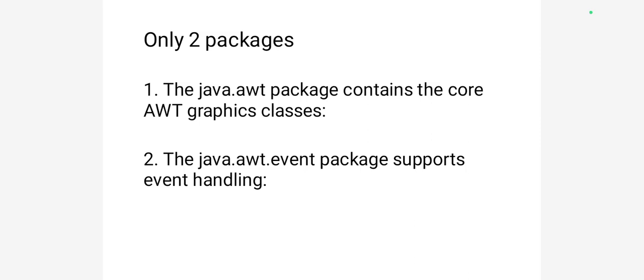Whenever we click the mouse button and drag the mouse, it generates the dragging event. Then there is cursor movement. Whenever we press a key on the keyboard, it generates a key event. These are different events.